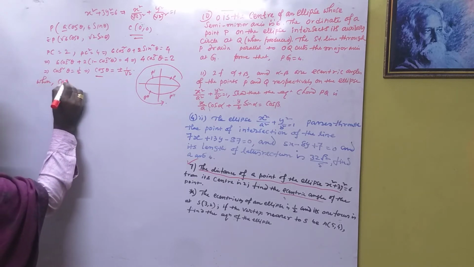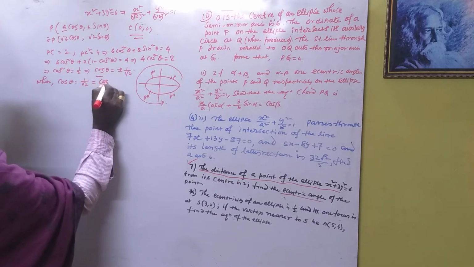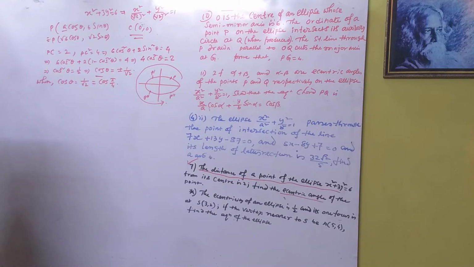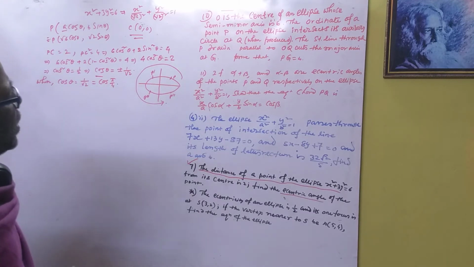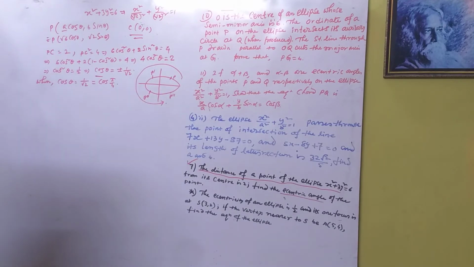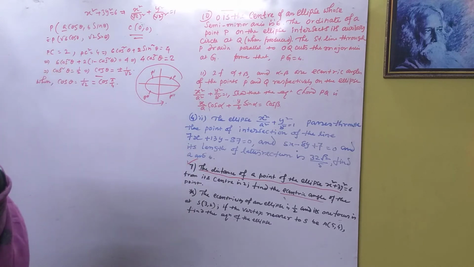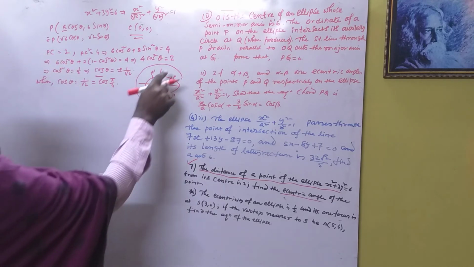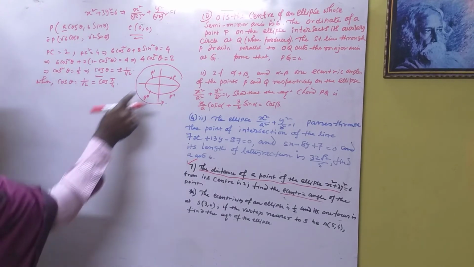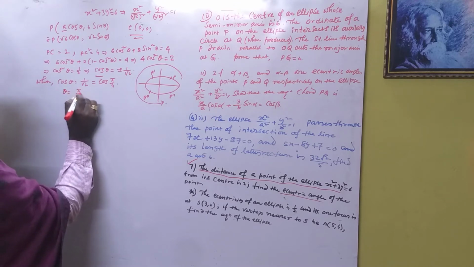When cos theta is equal to plus 1 by root 2, that is pi by 4, and this 1 by root 2 is positive, it is possible in either the first quadrant or the fourth quadrant. As you know, in the first and fourth quadrants cos is always positive, the 'all' and 'cos' quadrants of the ASTC rule. So for the first quadrant, theta is equal to pi by 4.